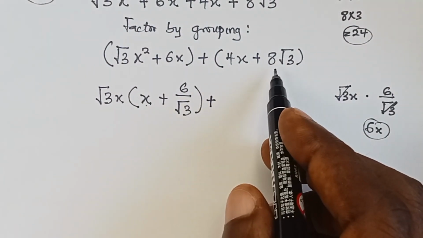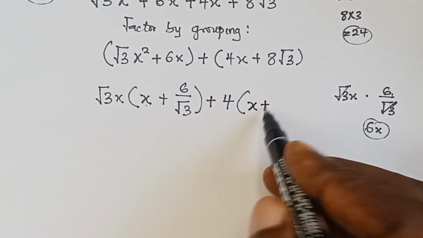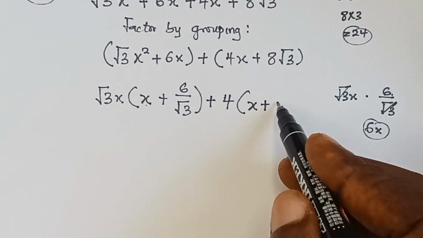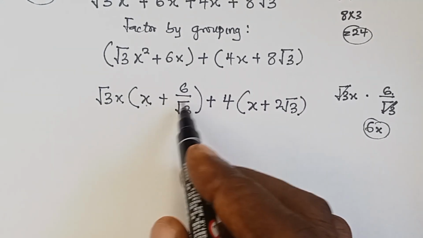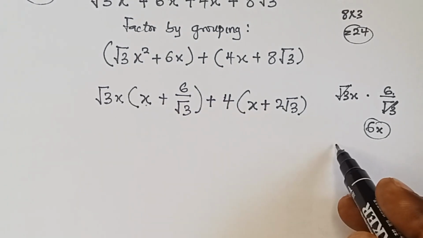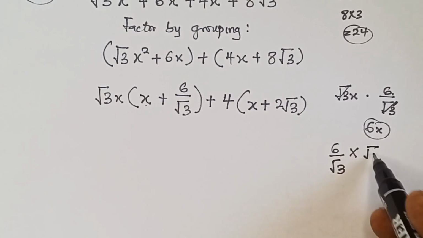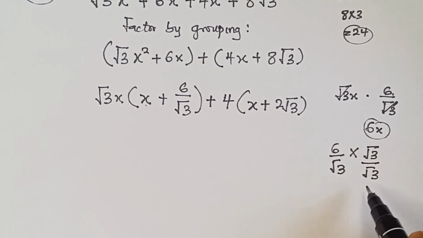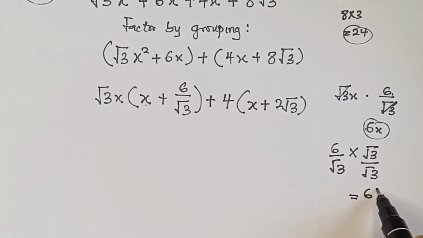Now the second pair, what is common? 4 is common. We have x here, and 4 in 8 is 2, that is 2 root 3. All right, so another way to write this, we are going to rationalize this. Let's rationalize this and see what we get. If we have 6 over root 3, rationalize it, we have root 3 over root 3, and this gives us 6 root 3 over root 3 times root 3, which will give us 3.